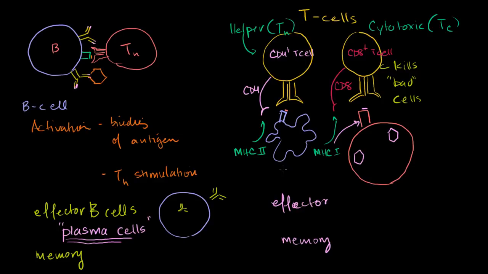An effector helper T cell does a couple of things. So when we're talking about helper T cells, it can activate B cells. And it also releases cytokines. Let's say this guy gets activated, he'll start releasing these chemicals, which are really those alarm bells that tell other people to really get in gear.